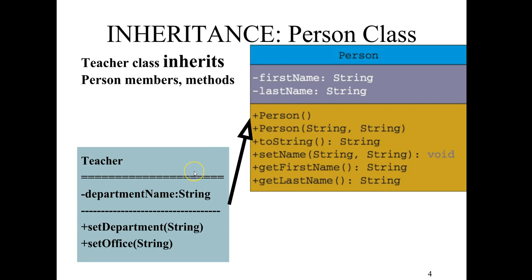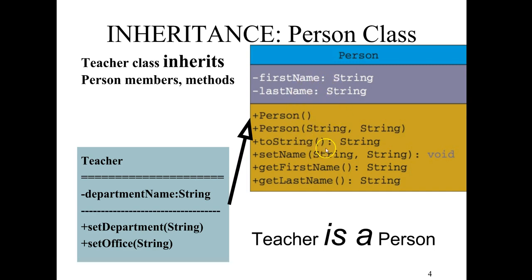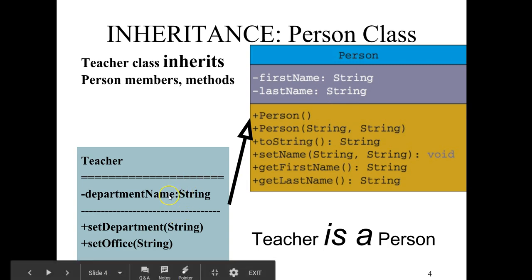The subclass just extends this whole idea of objects that I don't have to rewrite a person class to make a teacher. I can just say teacher is a person, meaning the teacher inherits all the members and methods of a person with additional or variations on existing methods.